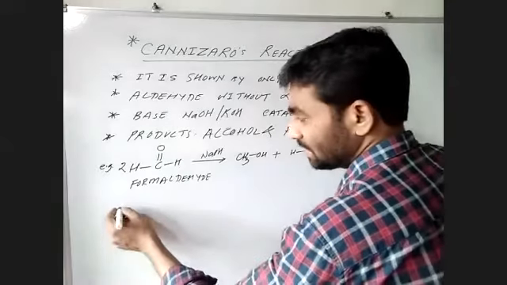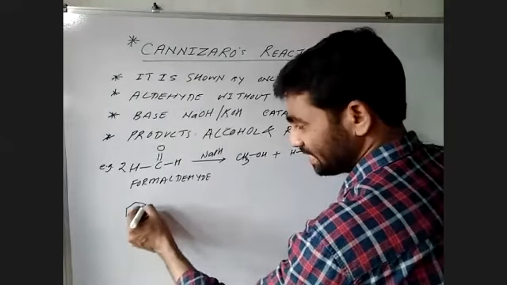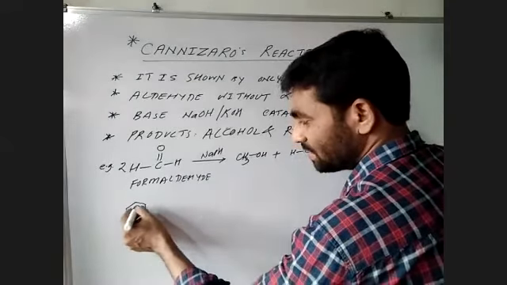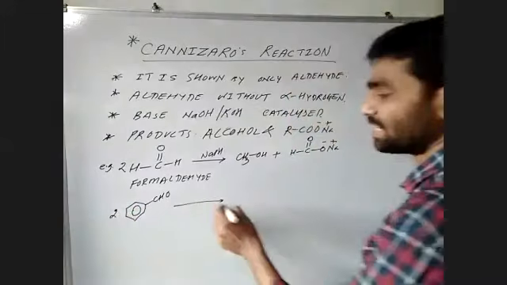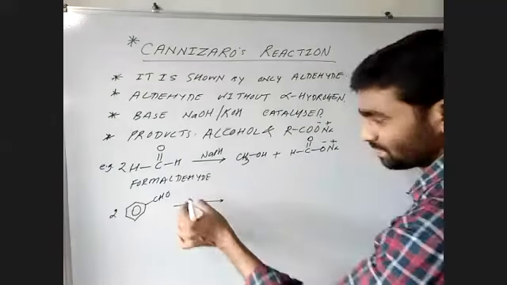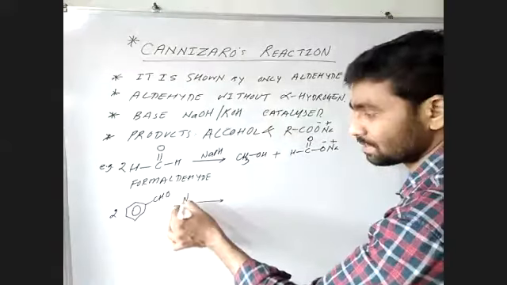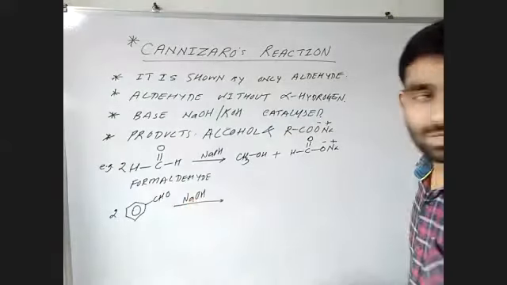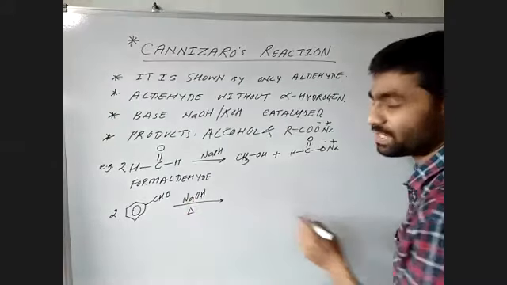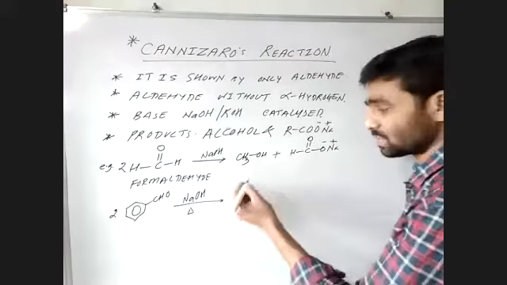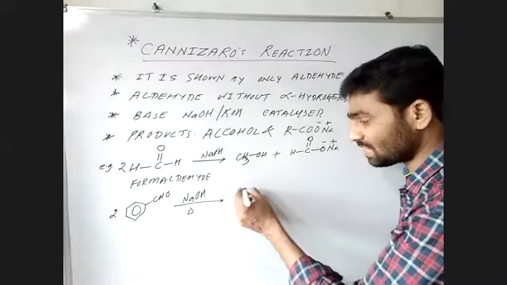One more example we will take. Let us take benzaldehyde, and after this, we will go for its mechanism. If you take benzaldehyde under the same condition, and heat it with KOH, KOH is best, what can I write? Alcohol, so benzyl alcohol, very simple.